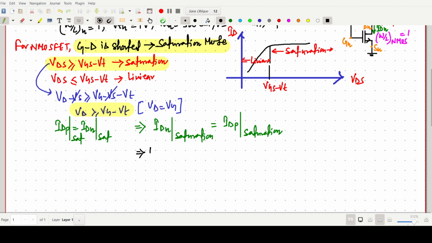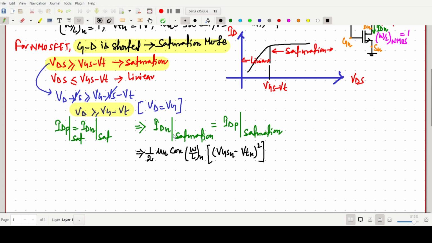So the drain current equation of an NMOS is 1 by 2 mu n COX W by L of n, VGS of n minus VTn whole square.